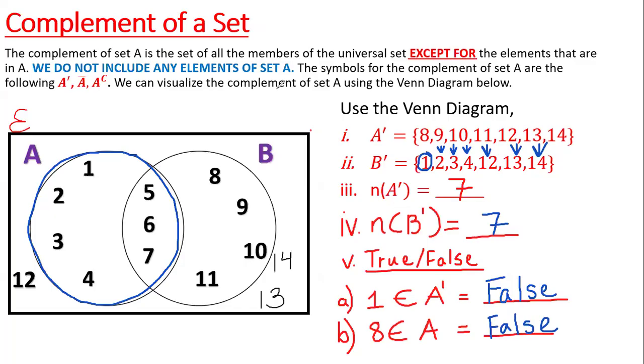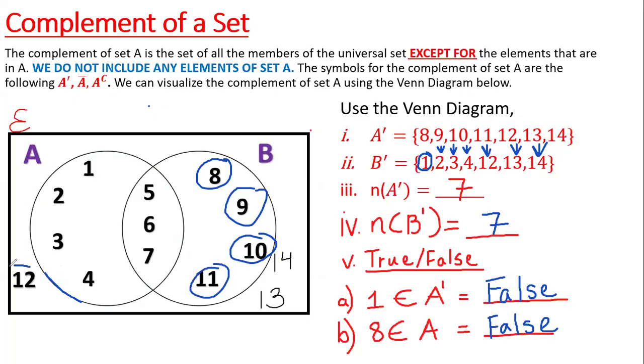Now, when we say A complement, as in the first one, I am referring to, let me shade the bottom, these elements: 8, 9, 10, 11, 12, 13, and 14.